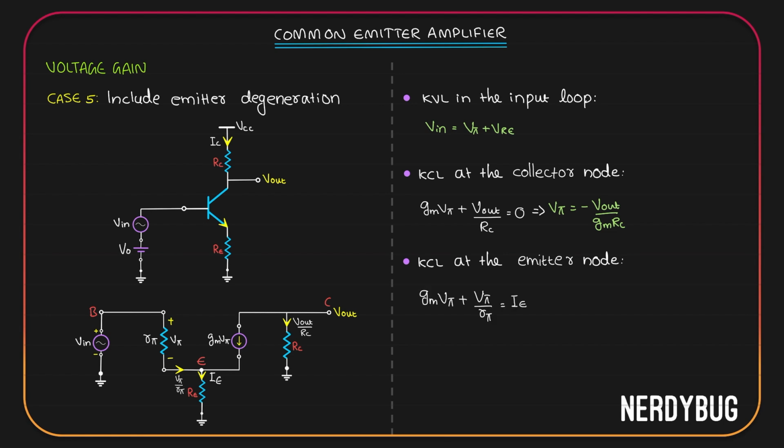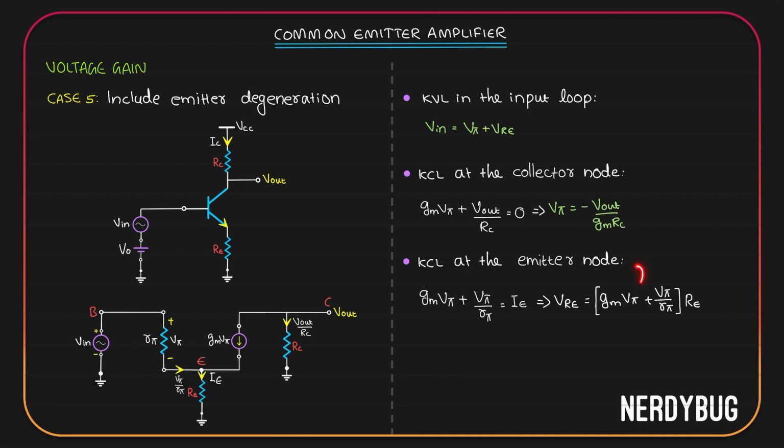I want to write an expression for the potential drop across RE. Current flowing through RE is IE, so potential drop will be IE RE. But IE is this much. So I can write VRE is (gm vπ plus vπ by rπ) multiplied by RE. In this equation, we have vπ here and here. But we already found vπ is minus Vout by gmRC.